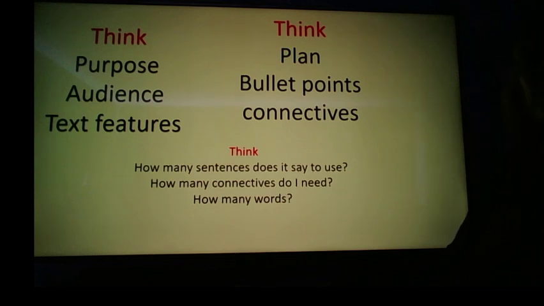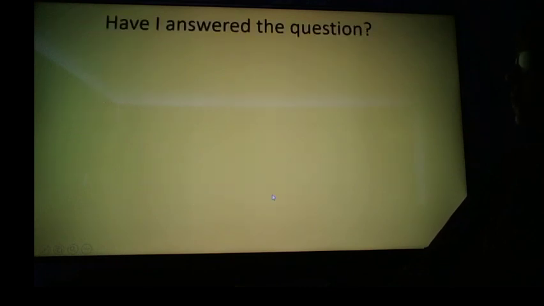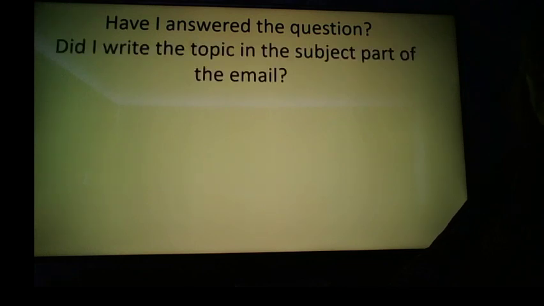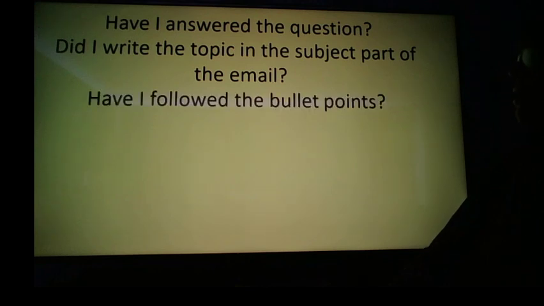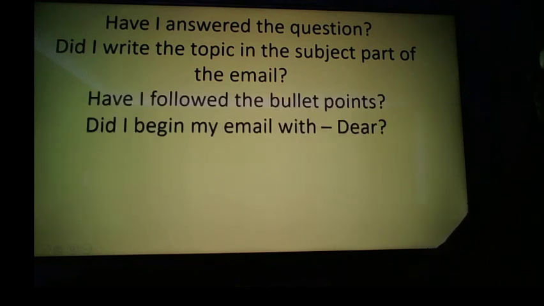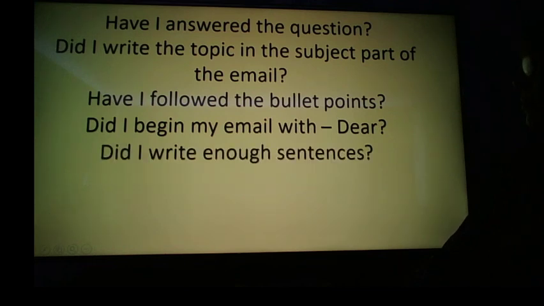But what I really want you to do is practice writing so that you've looked at all of those things. So the questions you have to ask yourself when you're doing any piece of writing for an exam: have I answered the question? Did I write the topic if it's an email? Have I followed the bullet points? And what did I begin my email with?